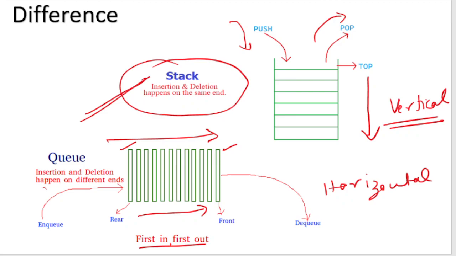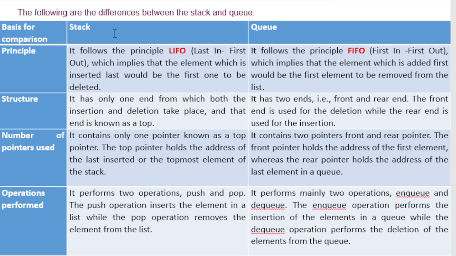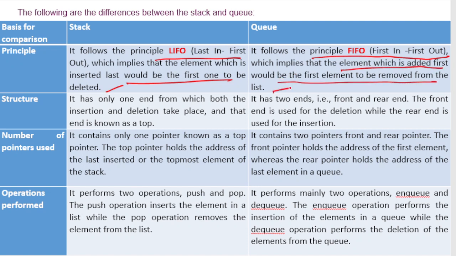We will see more differences in one table. Basic comparison: if we talk about the principle, stack follows LIFO, last in first out, which implies that the element inserted last would be the first one to be deleted. Queue follows the principle of FIFO, first in first out, which implies that the element added first would be the first to be removed from the list.